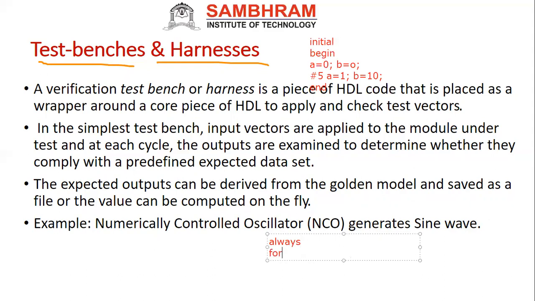We can always use a for loop: I is equal to 0, I less than or equal to however many inputs you want. Say, for example, if I take 5 inputs, then I is equal to I plus 1.